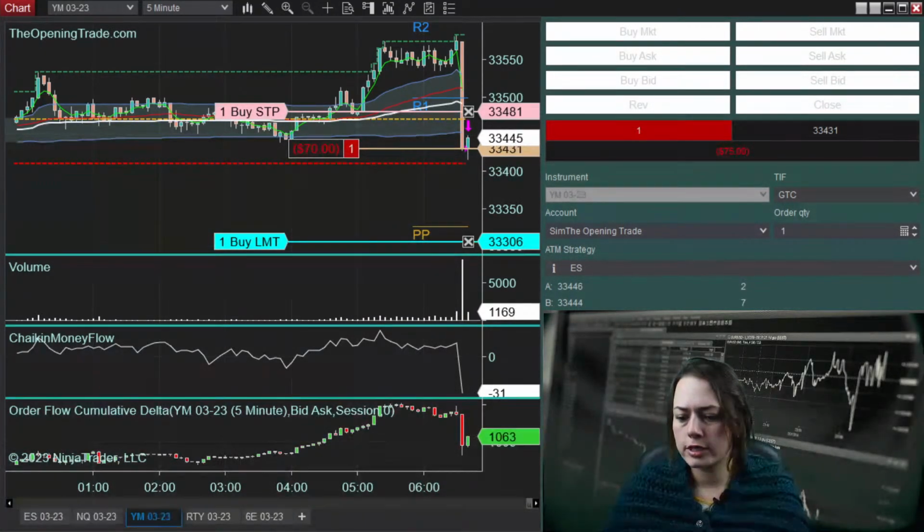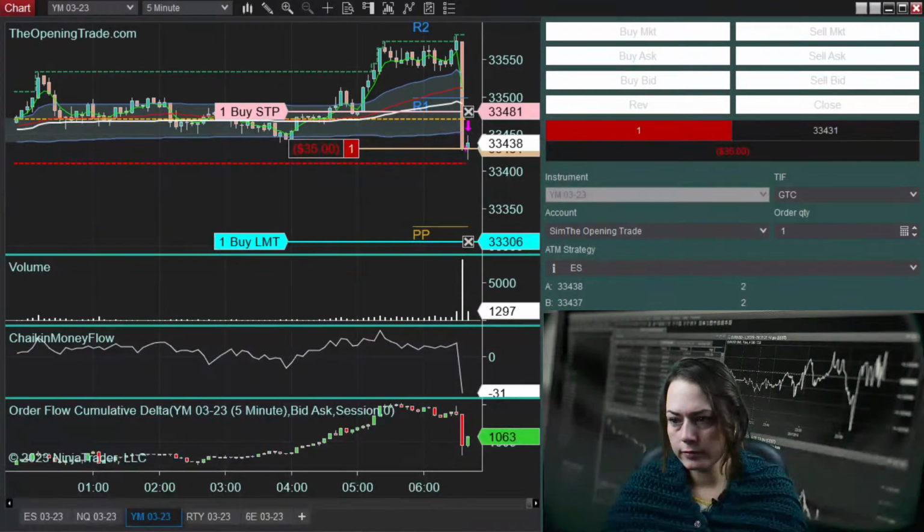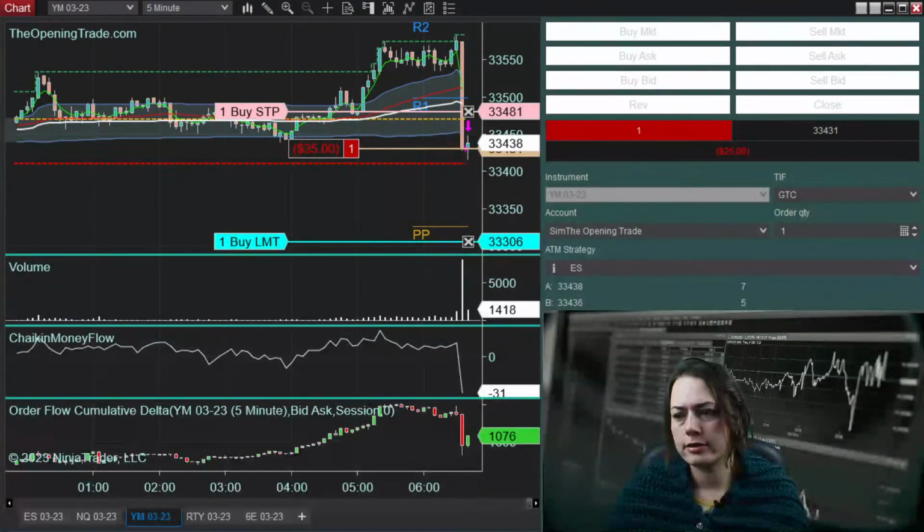We lost the Russell, but we're now looking at the Dow trade live right now. This is an automated trade. The system has fired off these trades based on the parameters it saw.